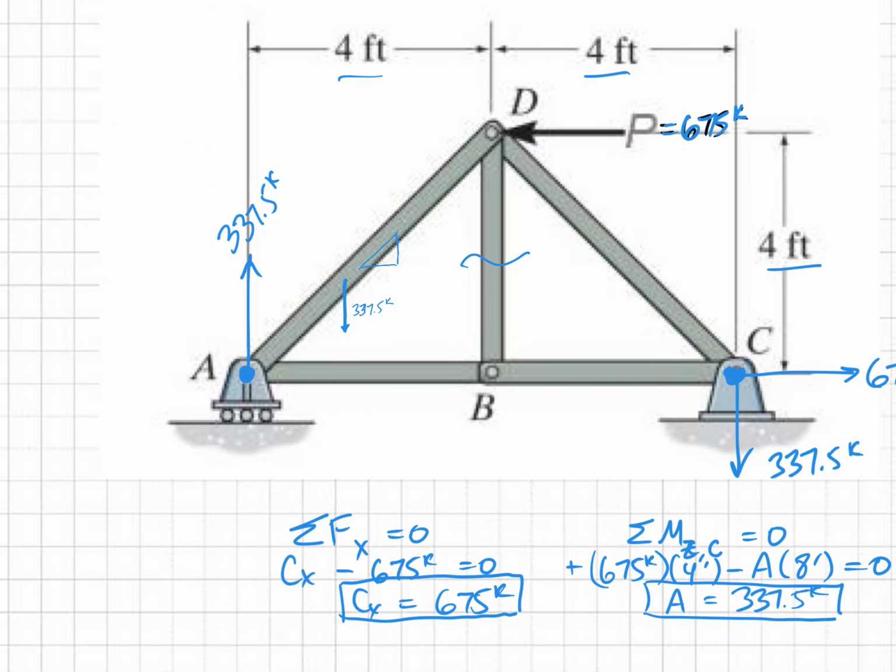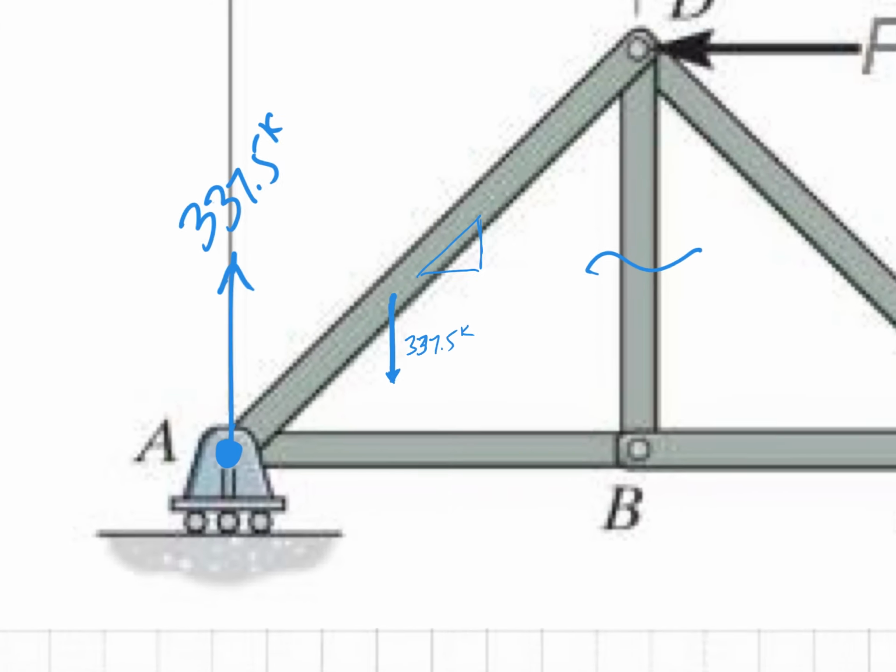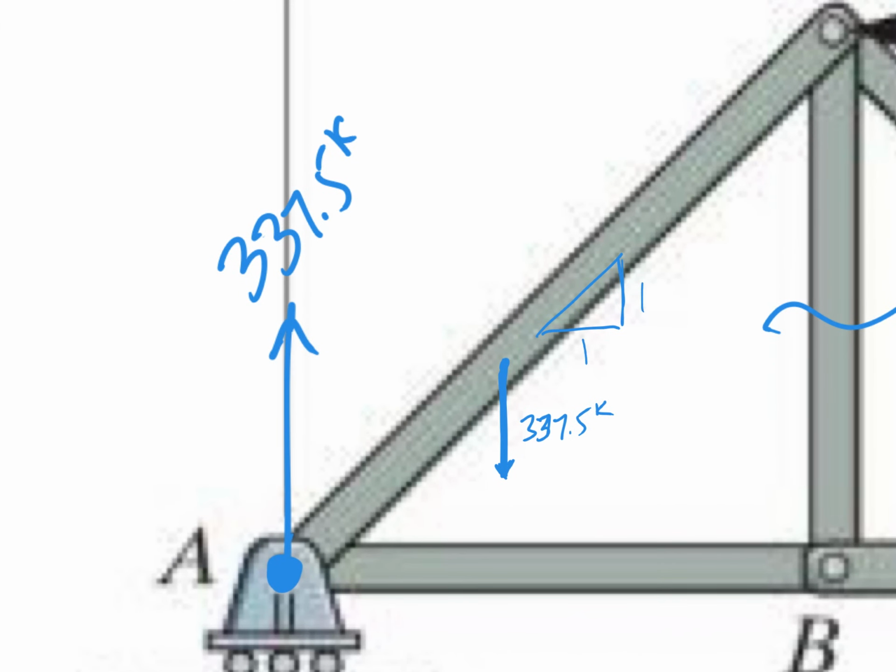Now I want to keep in mind this triangle. If we zoom out, it's a 4 by 4, which means really this is a 1, 1, and the hypotenuse is the square root of 2. If the vertical is a 1, the horizontal also has to be a 1, so this is 337.5 kips.